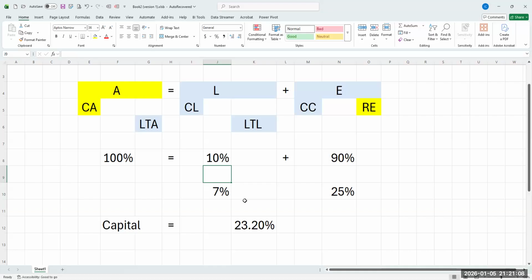I don't have the pressure anymore to generate a minimum of 25% return. I can generate less. I can go to 24%, pay those investors their 25%, pay the borrowers 7% on the 10% borrowing. Do you understand? This is your leverage.